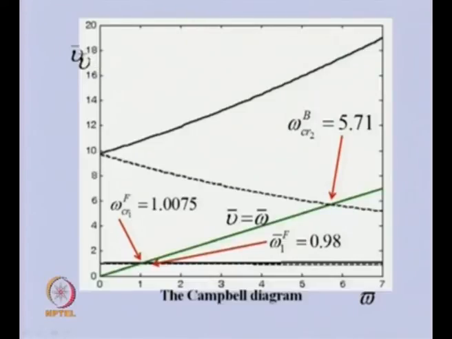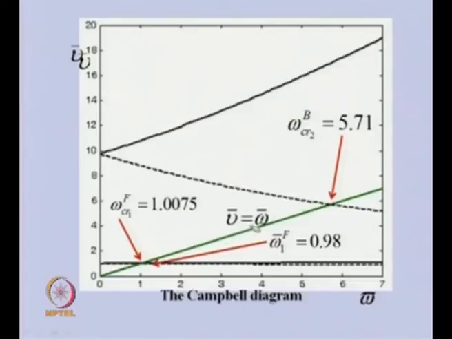You can see that we have these two lines, the splitting of the natural frequency is taking place, but the splitting is less for the first whirl. You can see this green line is nothing but the nu equal to omega line, that is the critical speed line.